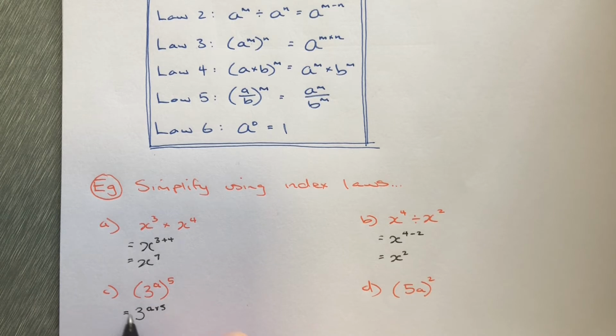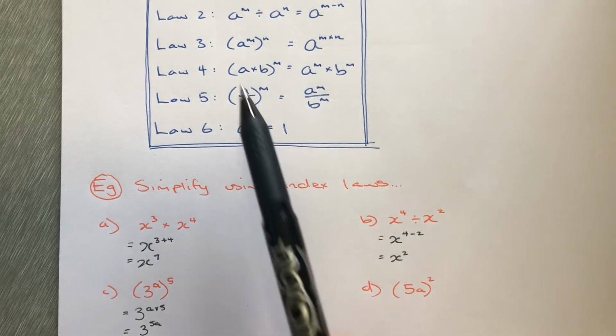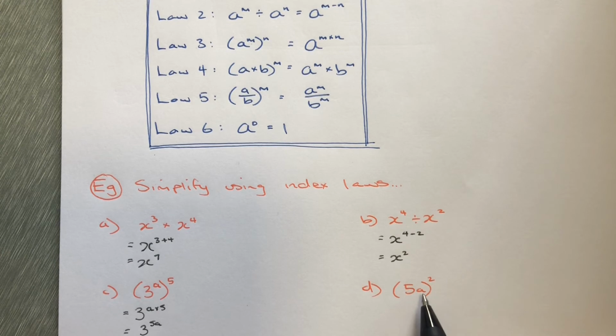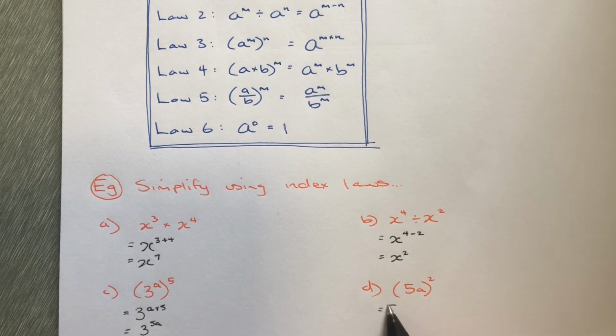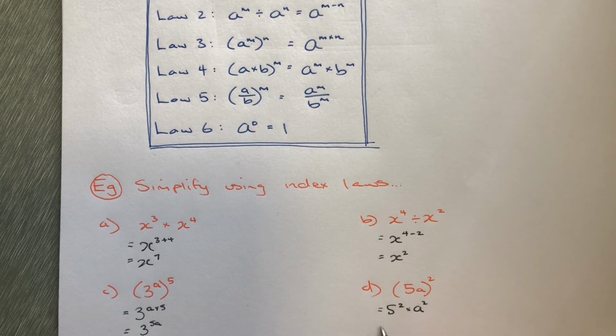So the answer is 3 to the power of 5A. Done. Now, the next one here, that's the next law. See, there's two things inside. There's a 5 and there's an A. There's a squared on the outside. That squared has to apply to both of these things. So it's going to be 5 squared times A squared, which will give us 25A squared. Done.